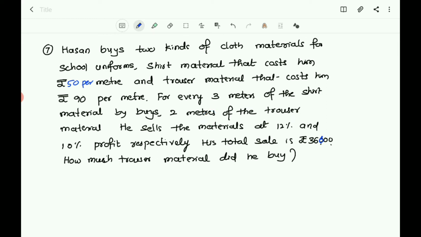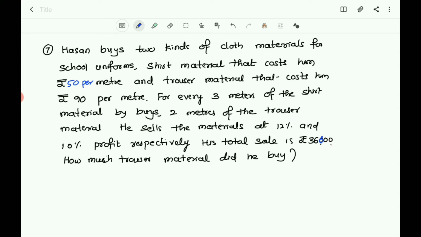Here Hassan is a cloth seller. He purchases the material for the school uniform. Shirt material cost is rupees 50 per meter and trouser material cost is rupees 90 per meter, and it is given that for every 3 meters of shirt material he buys 2 meters of the trouser material.